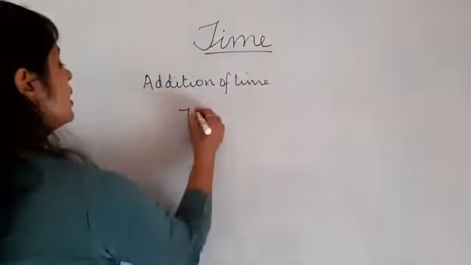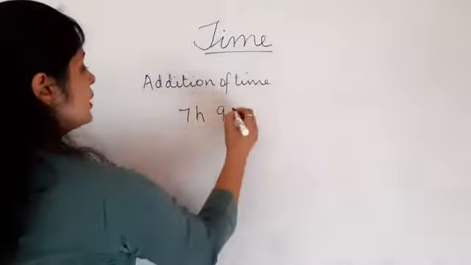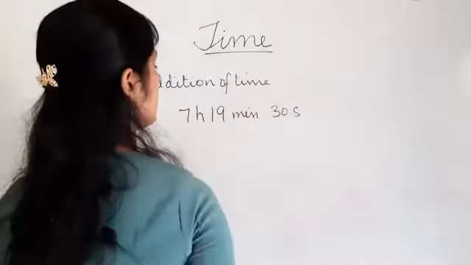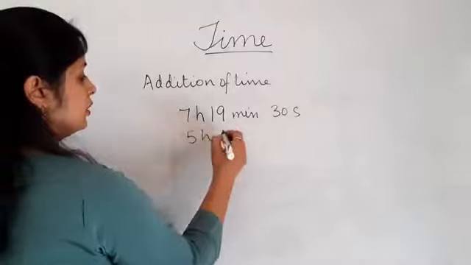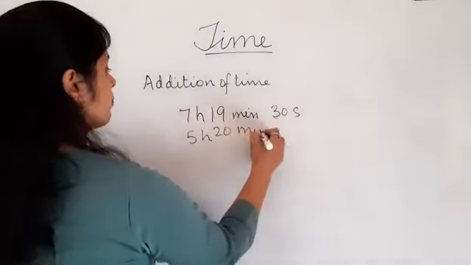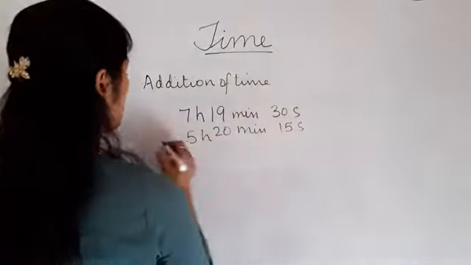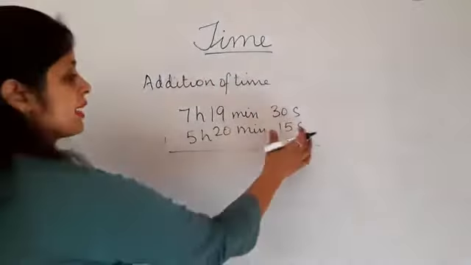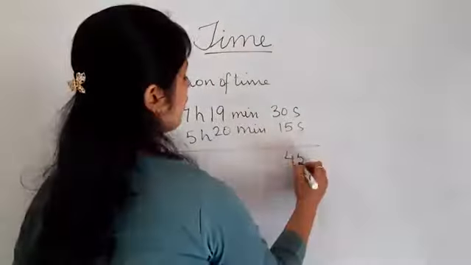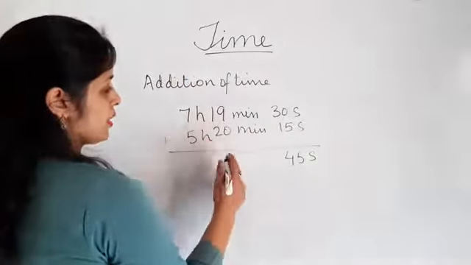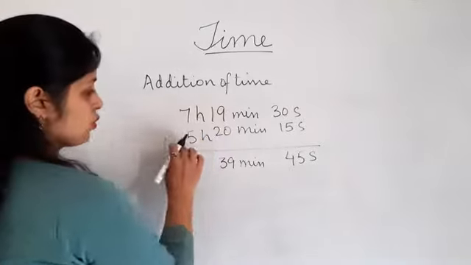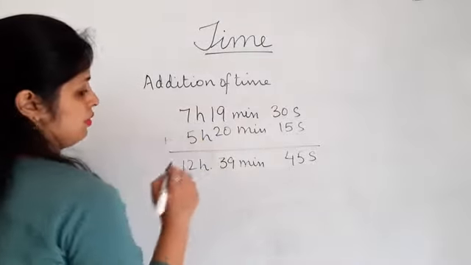Suppose we are having 7 hours 19 minutes 30 seconds added to 5 hours 20 minutes 15 seconds. We'll simply add seconds to seconds, so it will become 45 seconds. Minutes to minutes, it will become 39 minutes, and hours to hours, 12 hours.